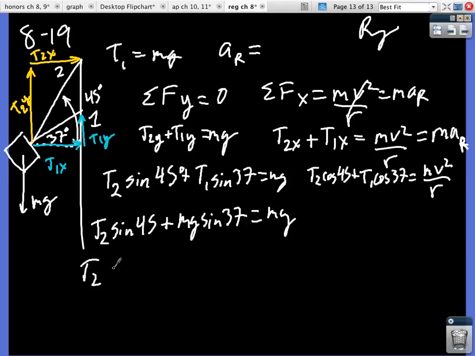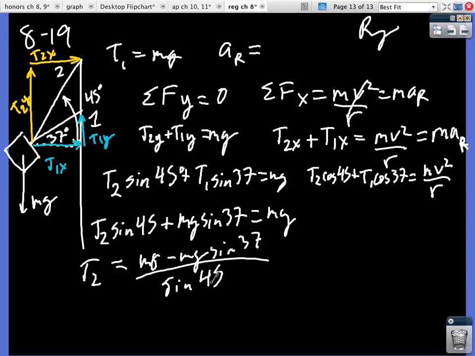So t2 equals mg minus mg sine 37 over sine 45. That gives me an actual value for t2. Calculator. So, oh, actually, we don't know what m is. Well, that's pretty much a nightmare.